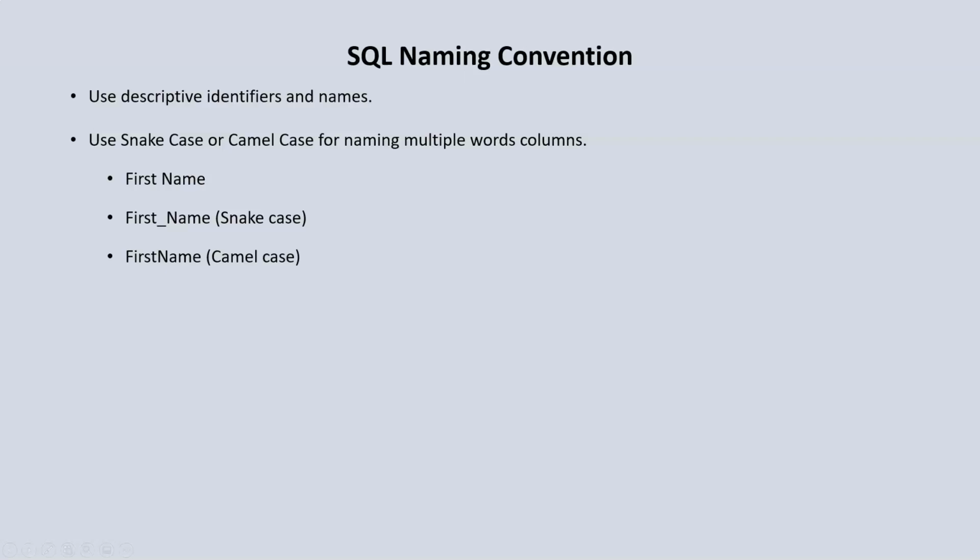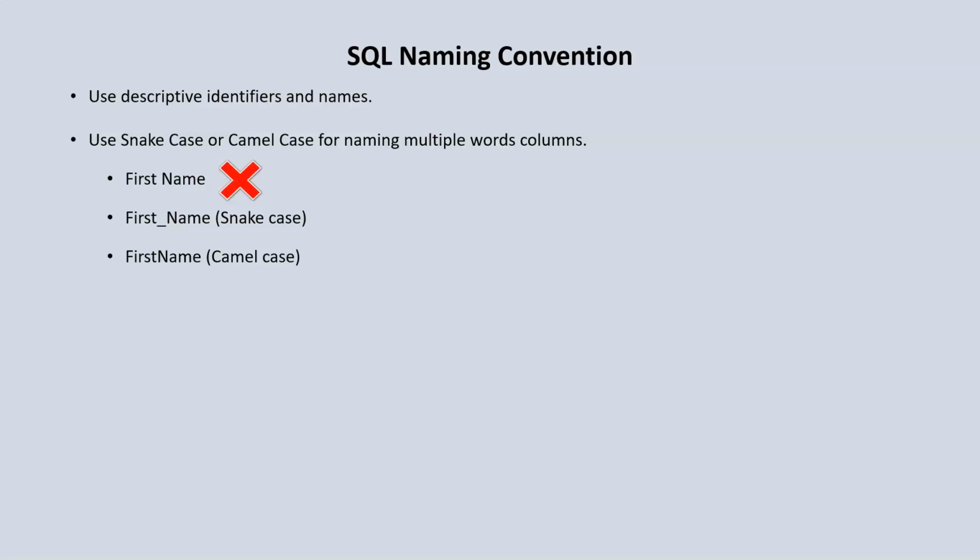Use snake case or camel case for naming multiple words columns. There will be times in which the name of your database or table or columns within your table might have multiple words. What you don't want to do is to have spaces between those words.